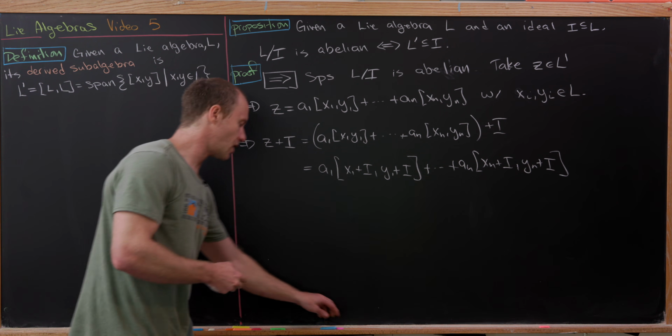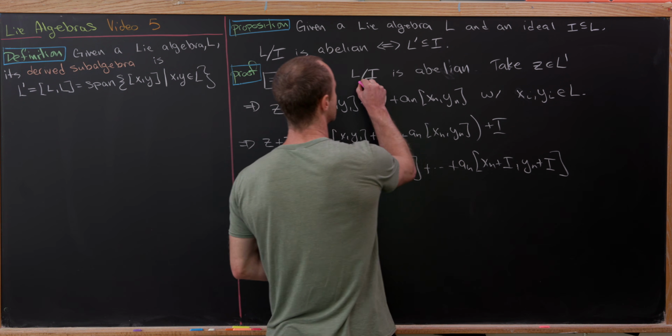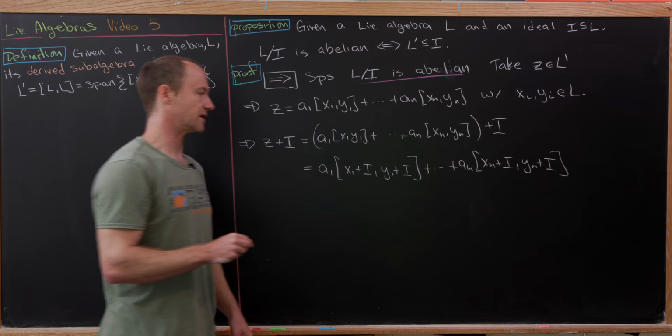But let's recall that we assumed that L mod I was abelian.